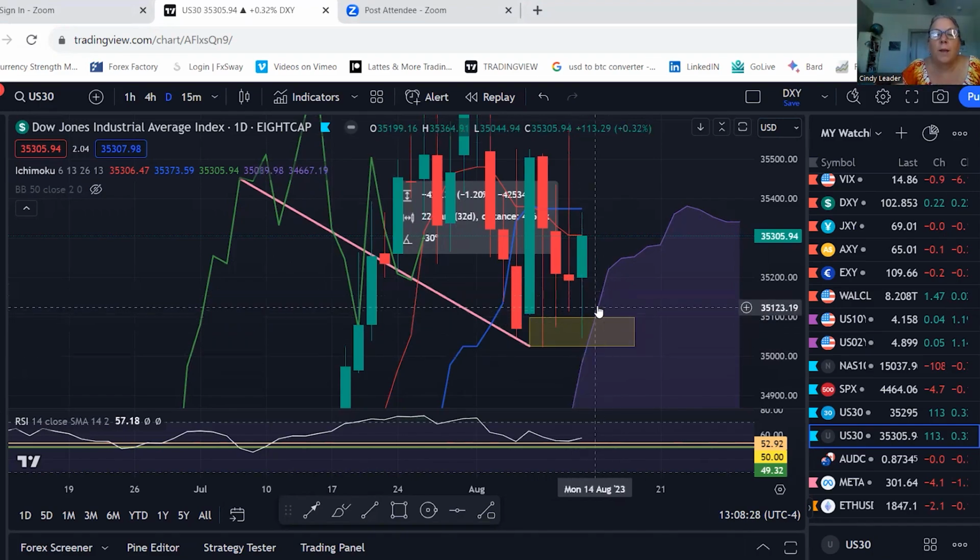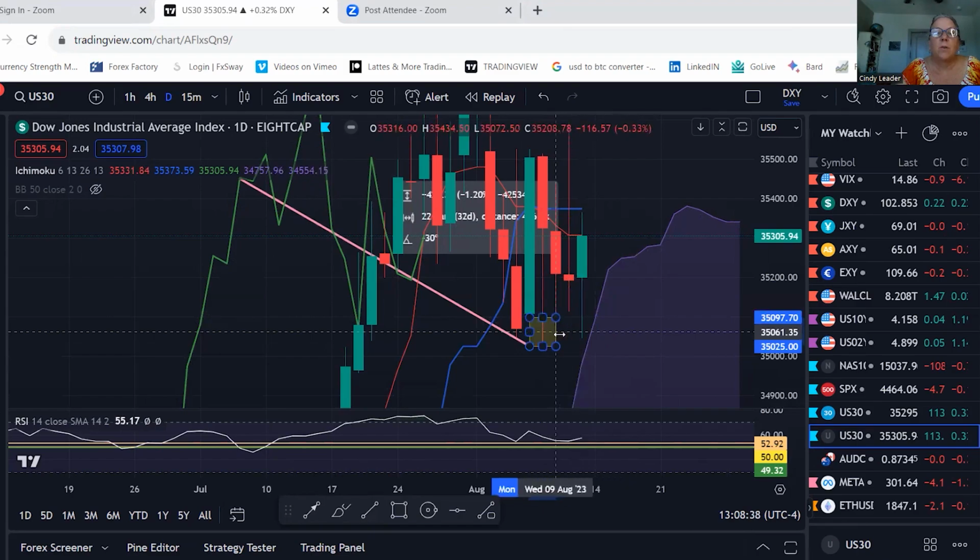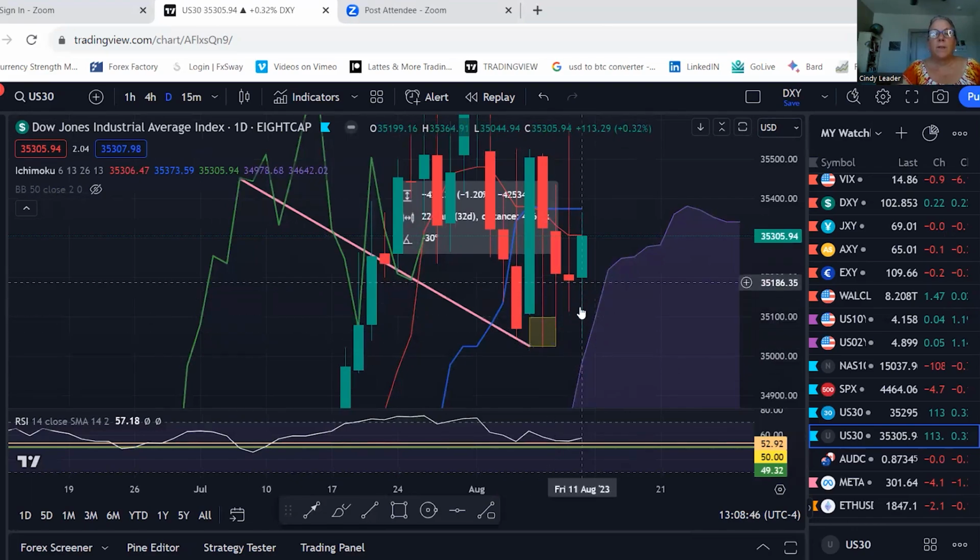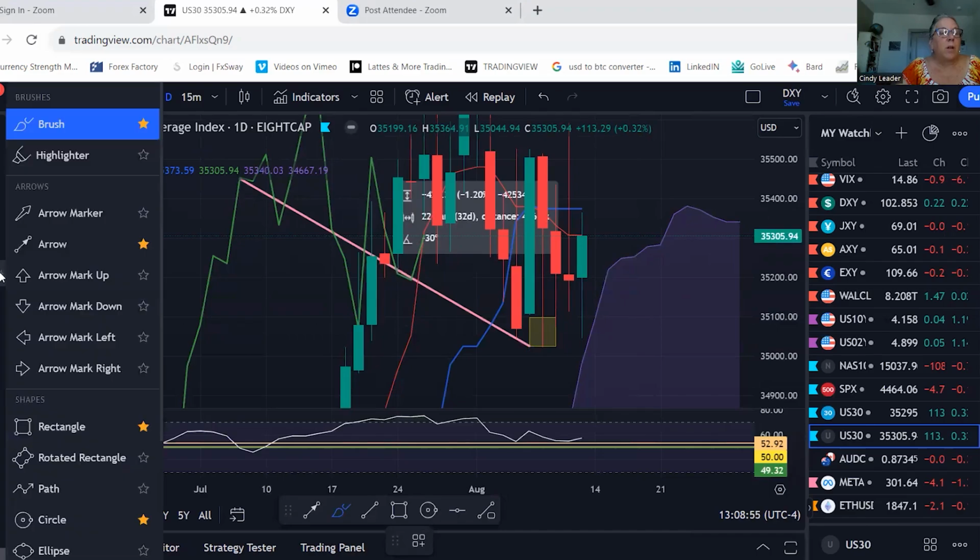So what I saw is that nothing has come down yet to fill this right here, to catch this wick. Nothing has come down that far. It came down a little bit, right? But it didn't catch this extra space. It didn't come to get this little extra millions of dollars.